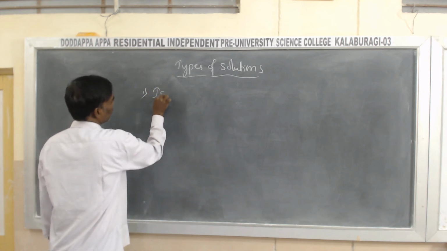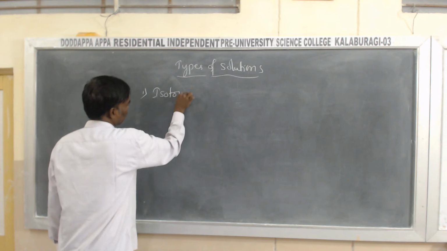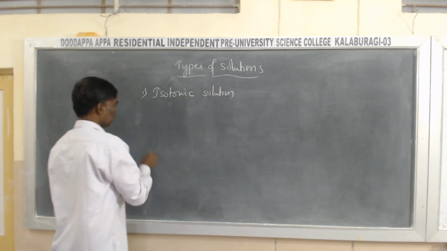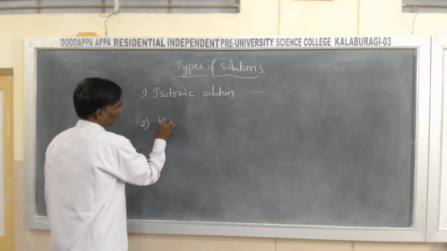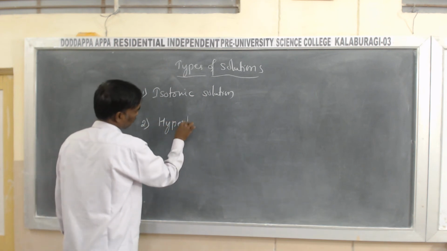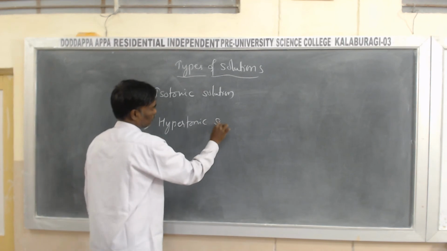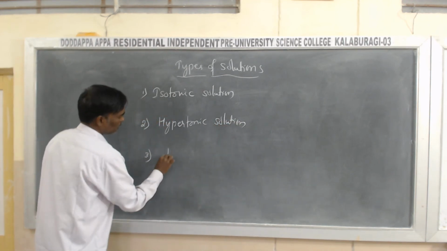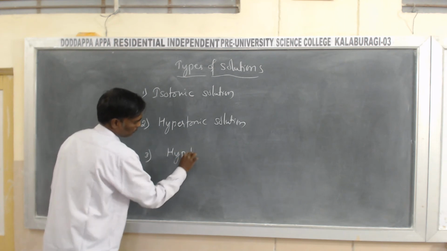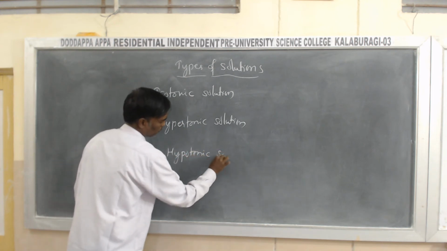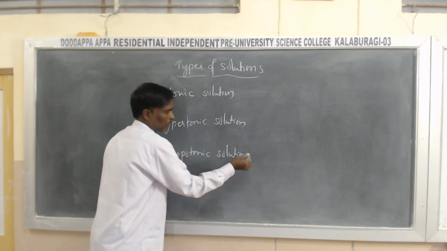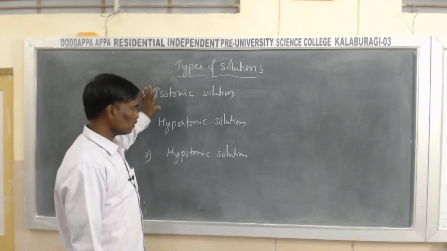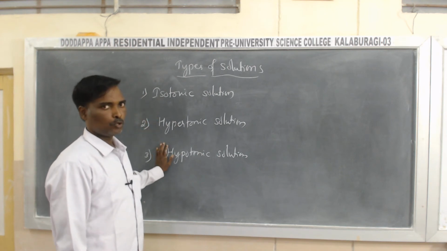One is the isotonic solution, second is the hypertonic solution, and third is the hypotonic solution. Like that, we classify solutions as three types: isotonic, hypertonic, and hypotonic.